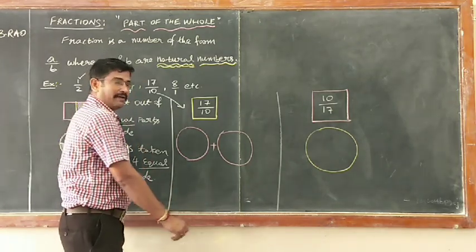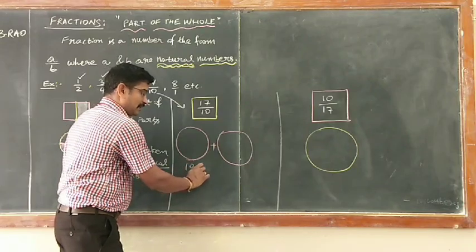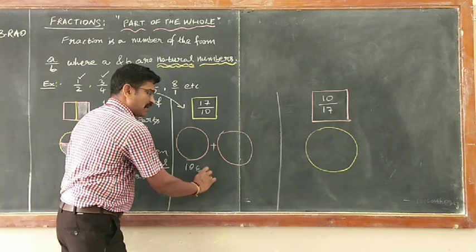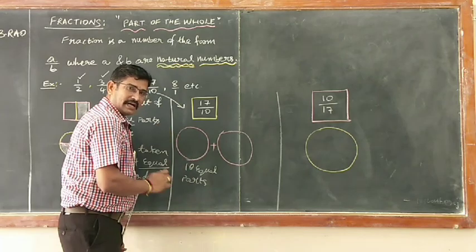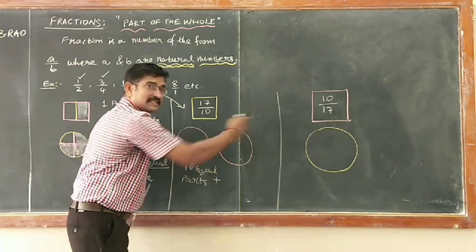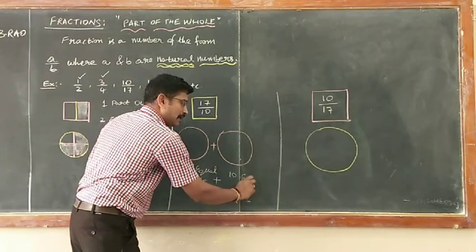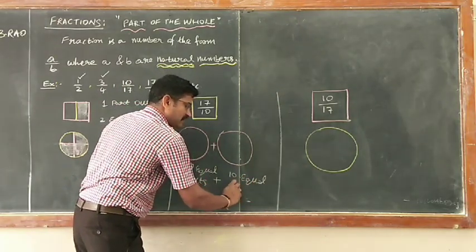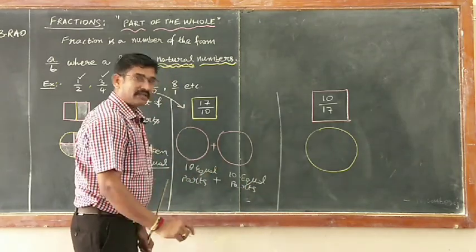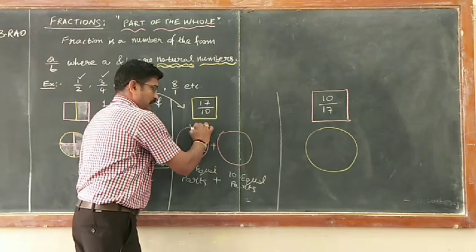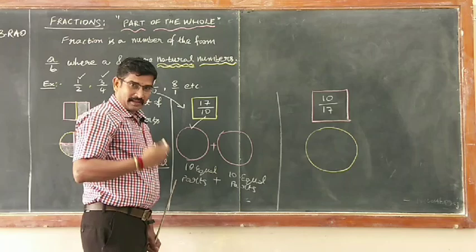Here, in one full, 10 equal parts are made. Along with that, there is a second full in which again 10 equal parts are made. We are taking 10 parts, that is all 10 equal parts of the first full.